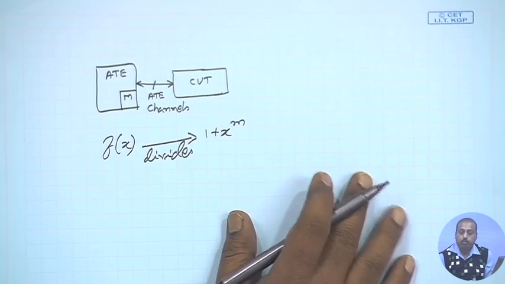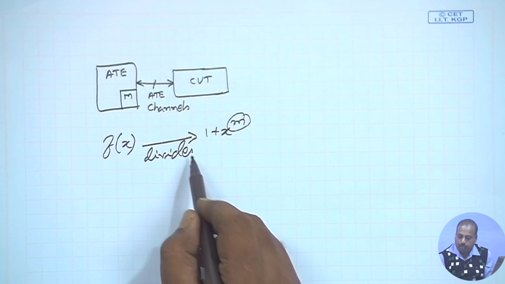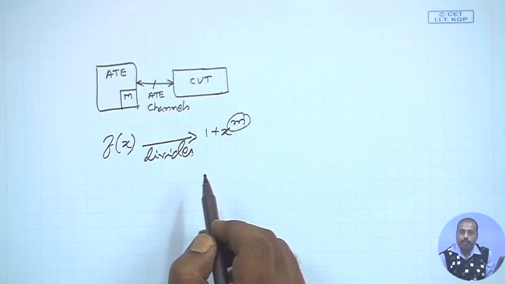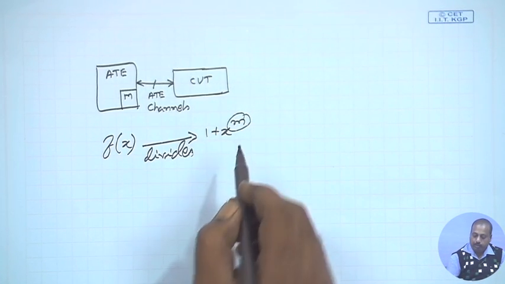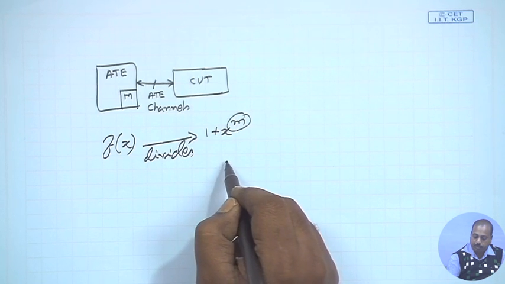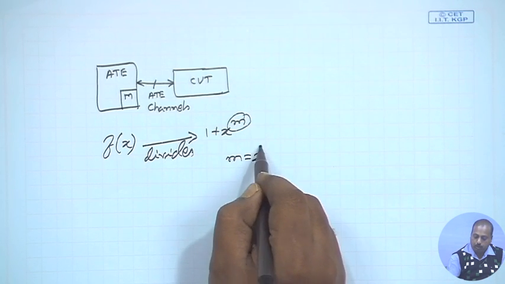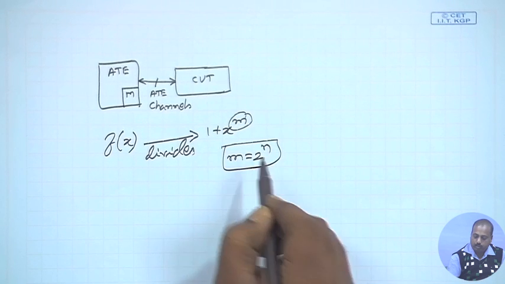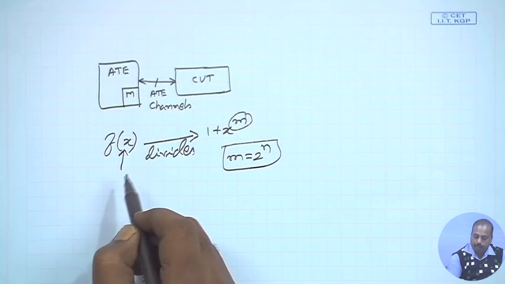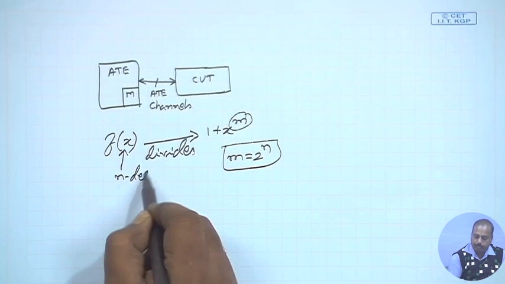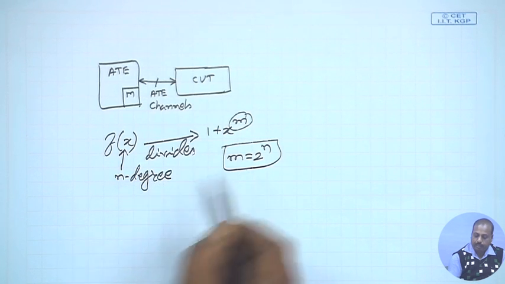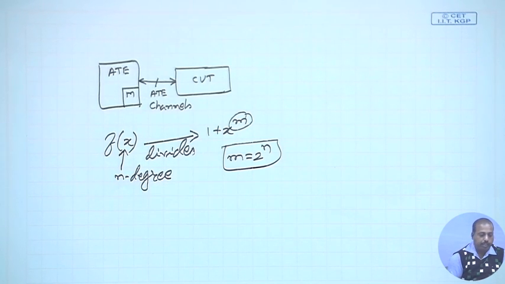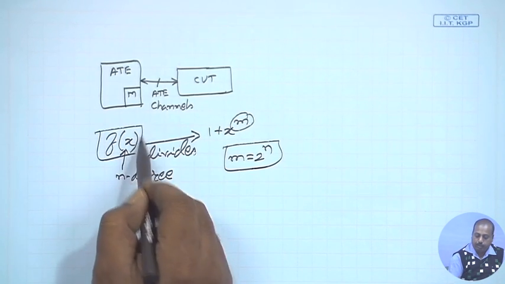So, we are looking for the value of m. If this m happens to be 2 to the power n, where f(x) is an n degree polynomial, then we say that this f(x) is a primitive polynomial.